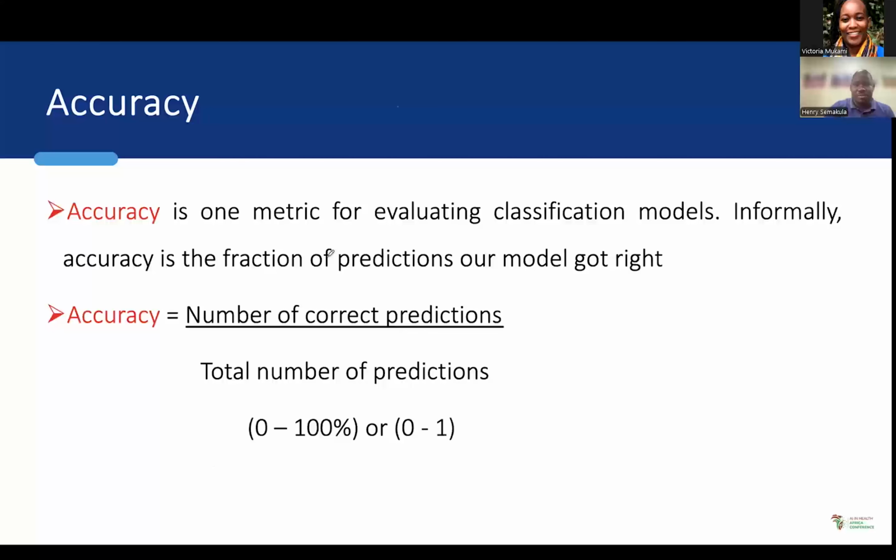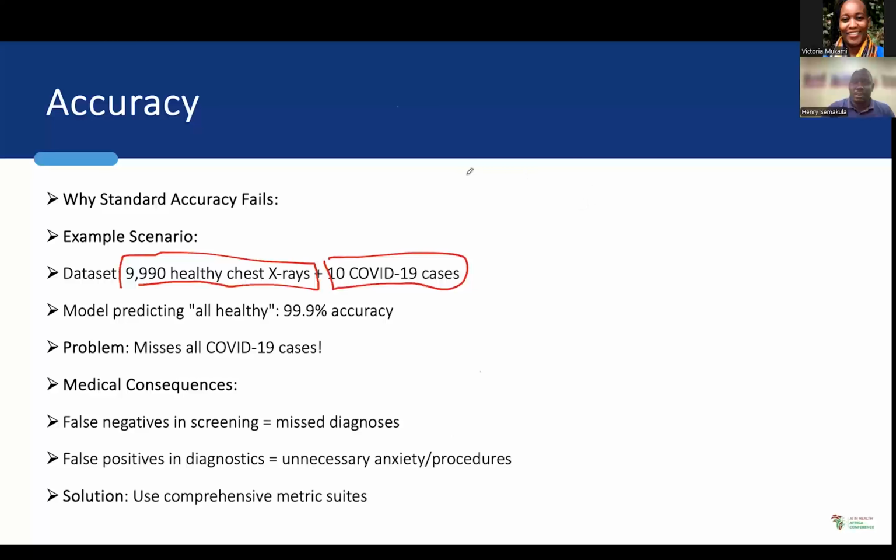Remember, based on this formula, accuracy is just the number of total correct predictions divided by the total number of predictions. In this example, the size of the data set is 10K, and you have two classes: people with no COVID, which is 9,990, and people with COVID, which are only 10 cases.